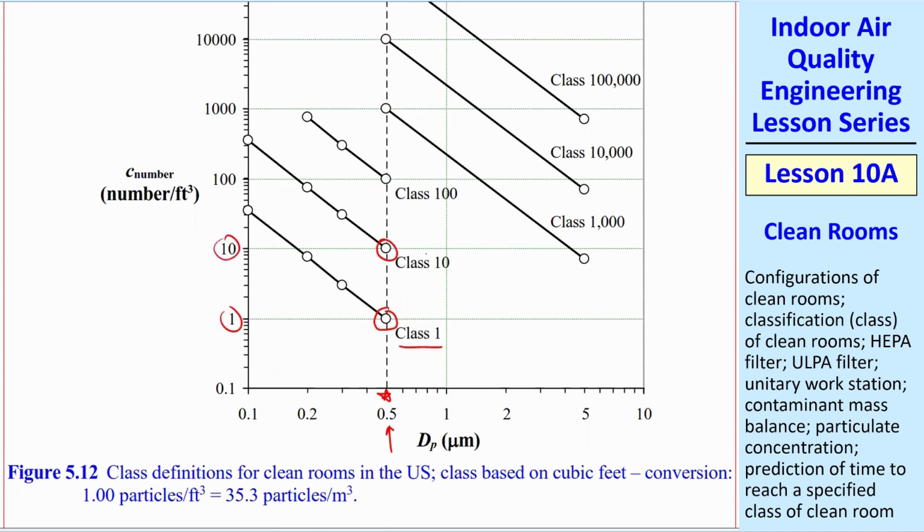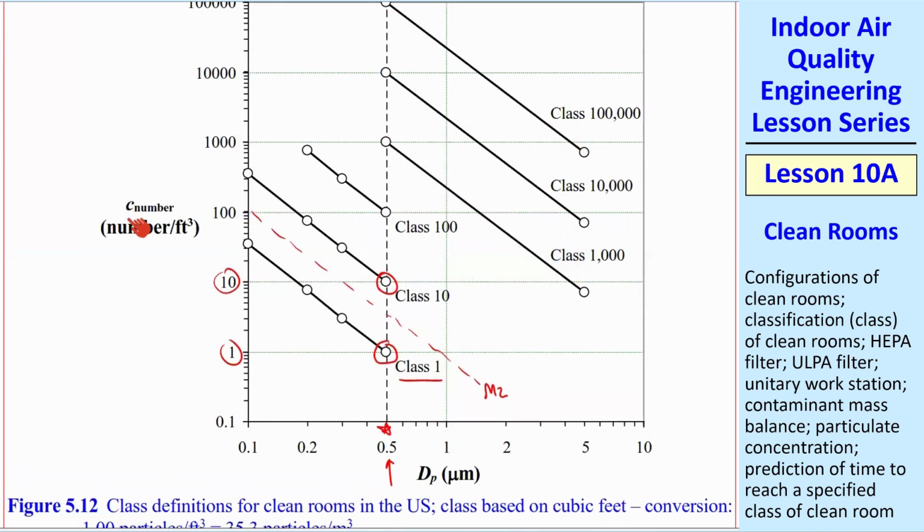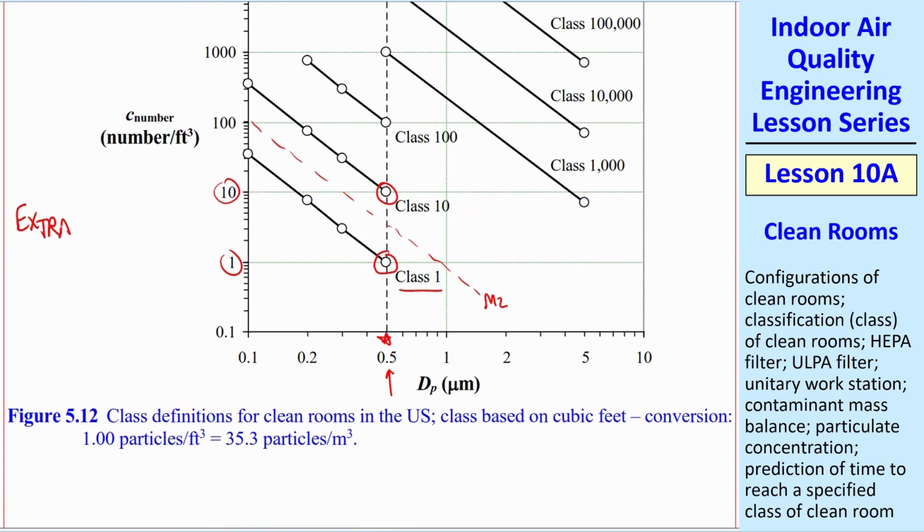The metric ones fall in between. It turns out that class M2 is kind of halfway in between there. If you just look at these numbers, M2 is here between class 1 and class 10. So you can kind of fill those in. These are all straight lines, so you can extrapolate as needed.